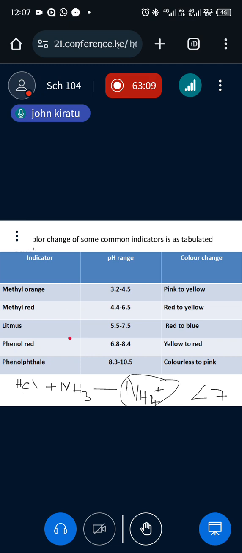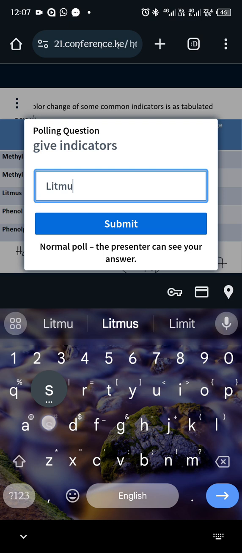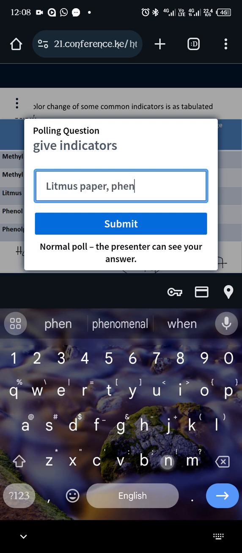Start a poll. Can you list all the indicators which can be used for a reaction whose equivalence point is greater than 7?